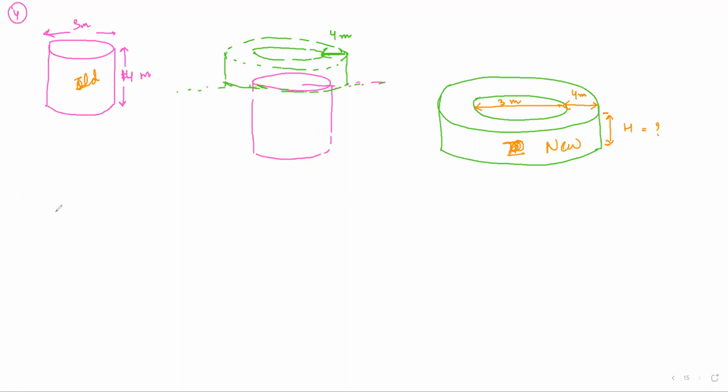So one by one, let us find out. Before this, you can write the shape of the well. The well is in the shape of a cylinder. Right? And embankment is also in the shape of cylinder.